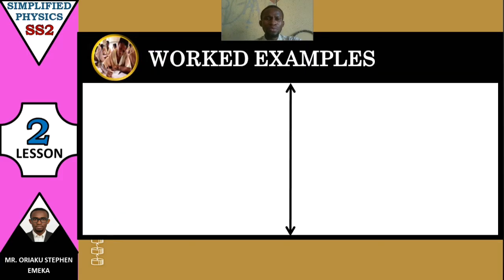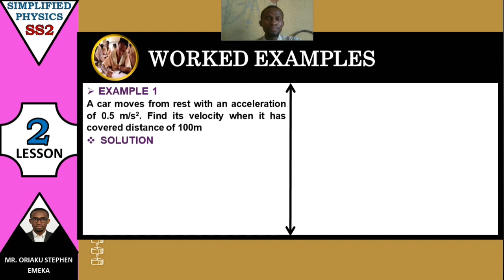Worked example. Now look at this first example. Example 1. A car moves from rest with an acceleration of 0.5 meters per second squared. Find its velocity when it has covered a distance of 100 meters. Now the first thing you have to do for this kind of question is to first of all get what are those things that are actually given to us.